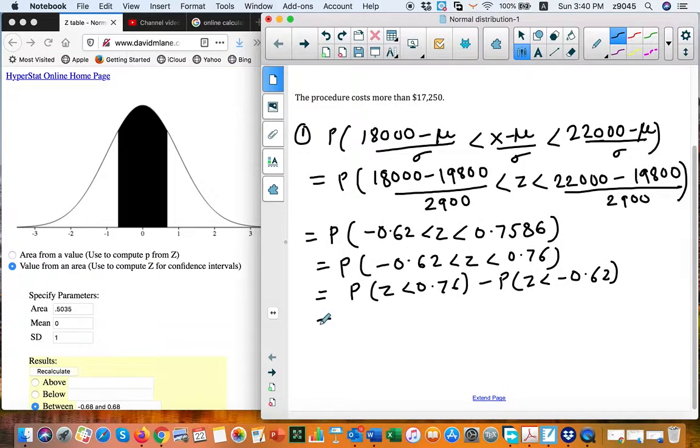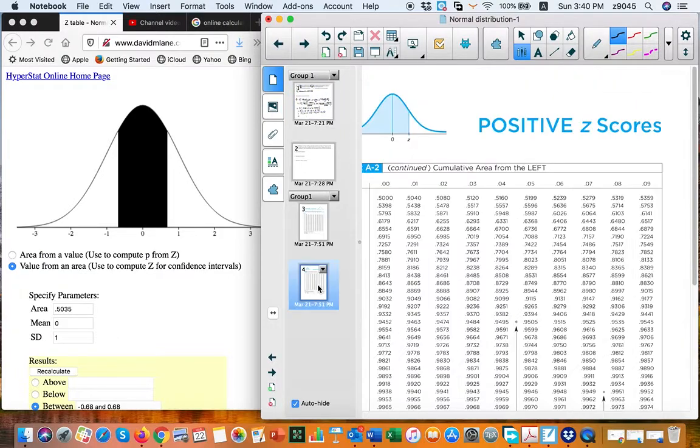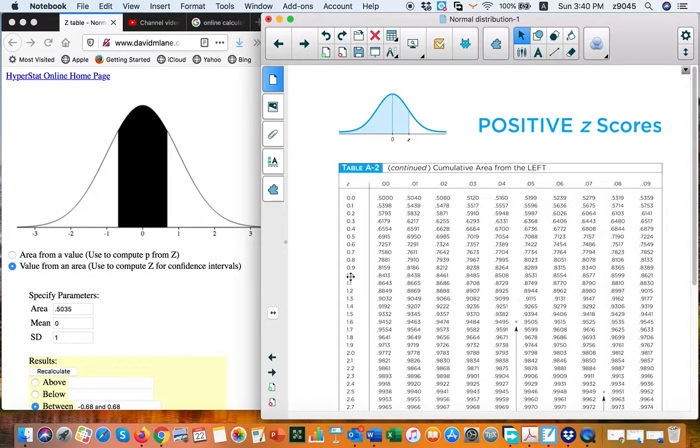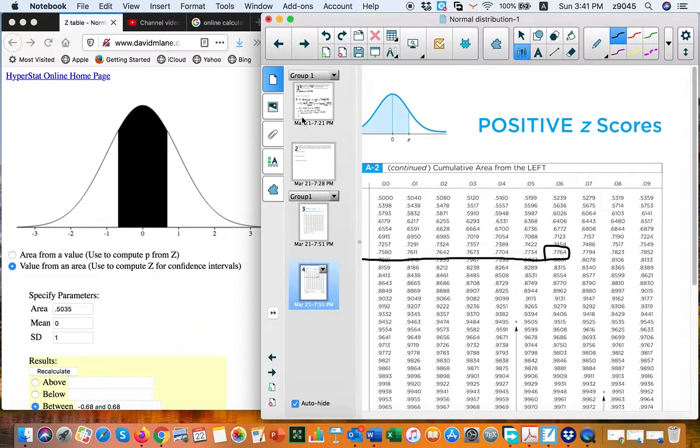So using the table, the probability of z less than 0.76. I'm going to go to the positive table, 0.76. 0.7 is this line, and then for 6, the value is 0.7764.